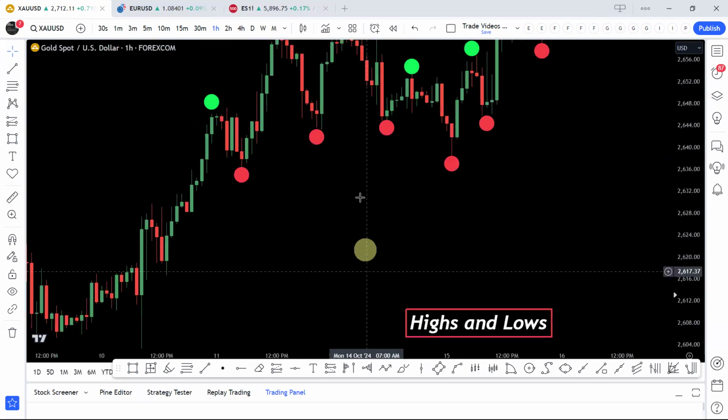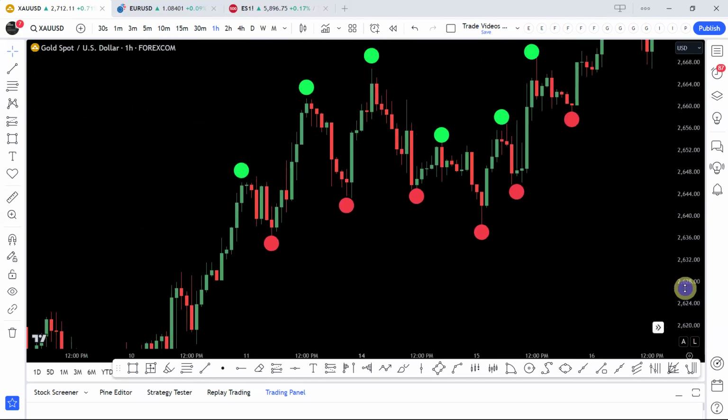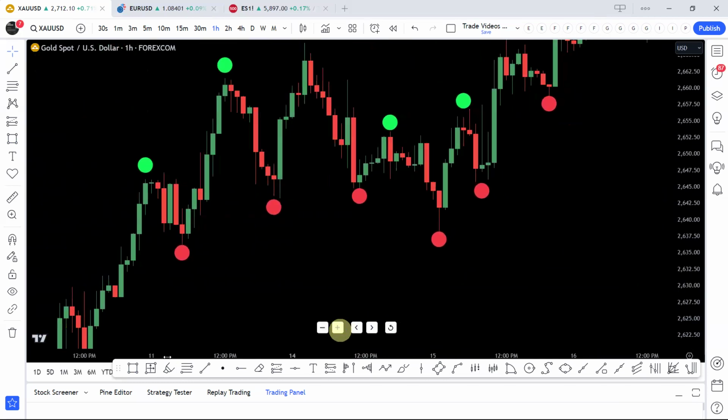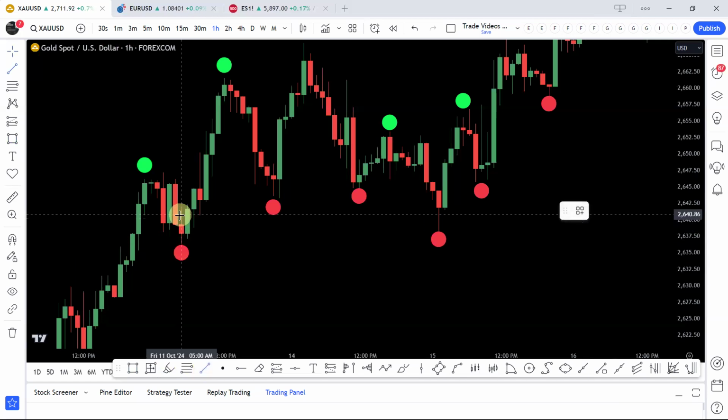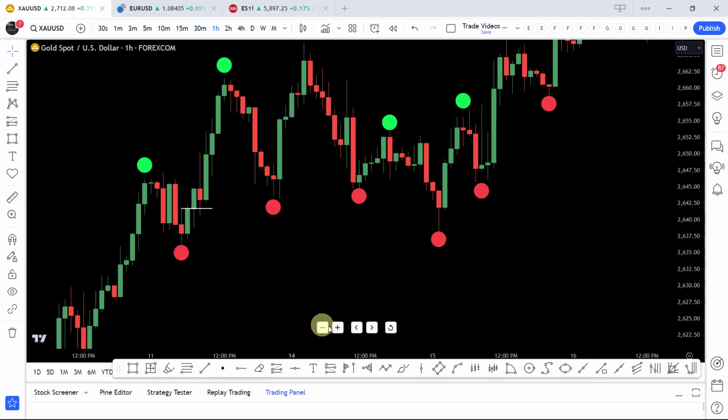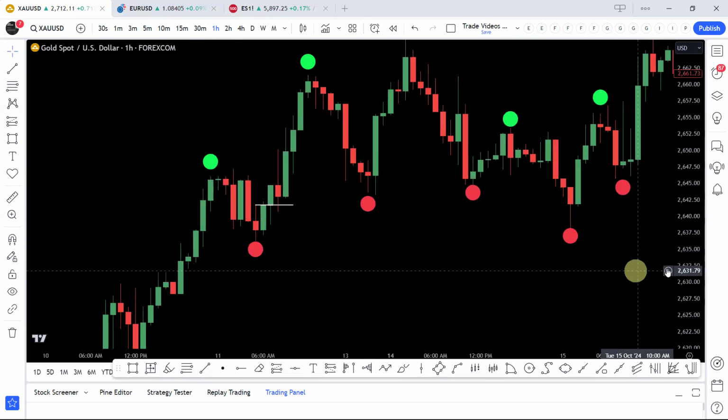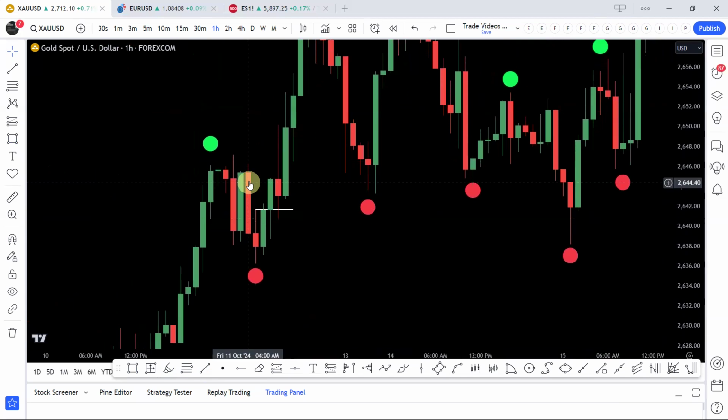So let's find in this example whether there is a valid low or not. I am seeing the last red candle here, and that is the highest point of the last red candle. Right here, this green candle has closed above this last candle's highest wick.